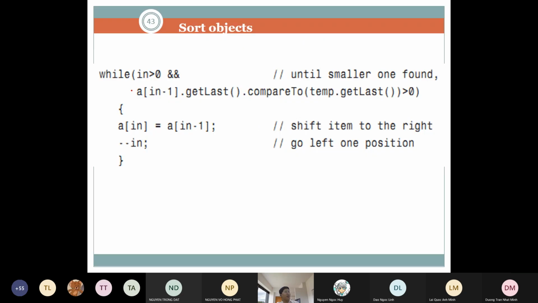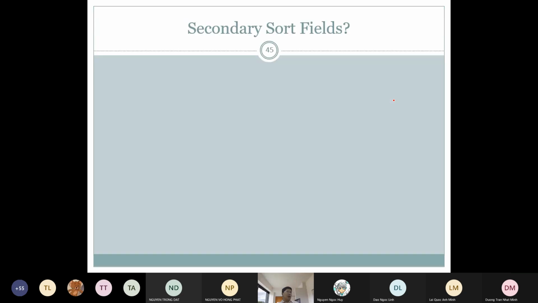Instead of just comparing A something, we can do get last, compareTo, and get something. So you see that the algorithm can apply to an array of any kind of data, as long as we have a comparison between items.